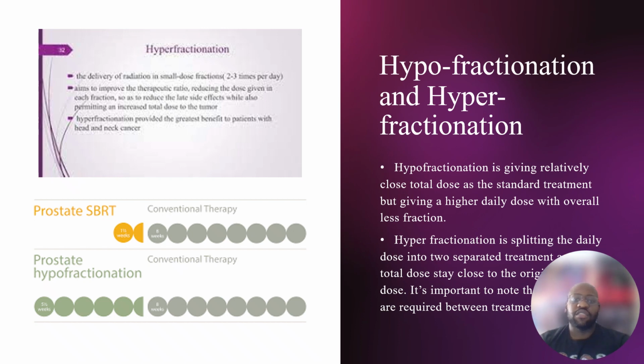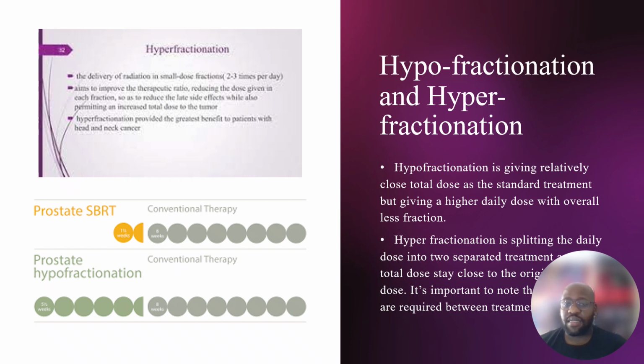Hypofractionated, we see this in forms of the Canadian breast method, and pretty much hypofractionation is shortening the fractions, having less fractions, and a little bit of a higher dose. Your total dose will actually be lower, but this is great because we can get as many doses in as we can before we see side effects.